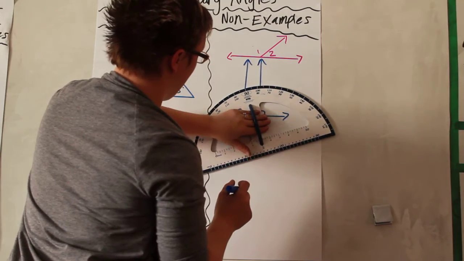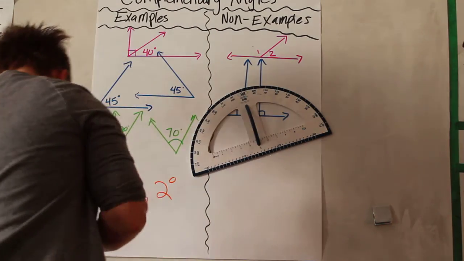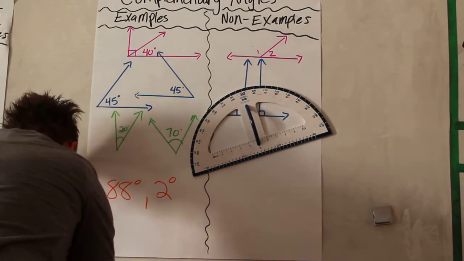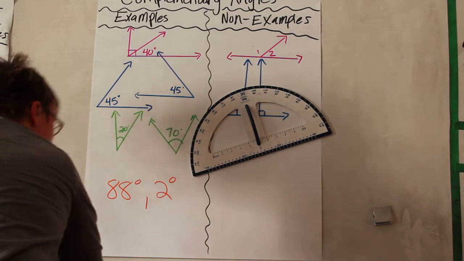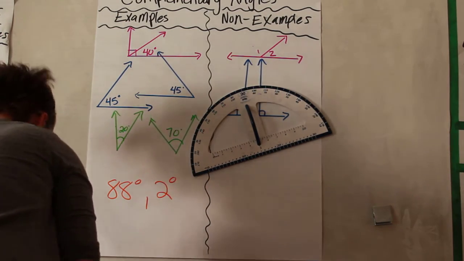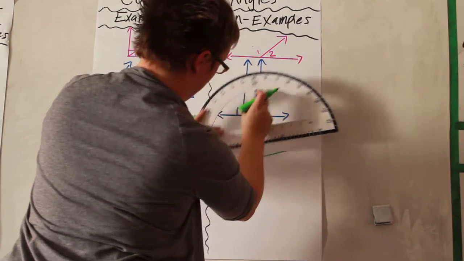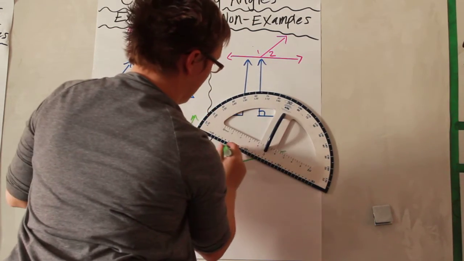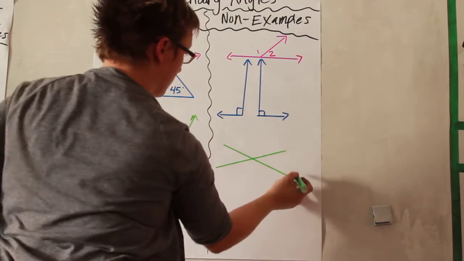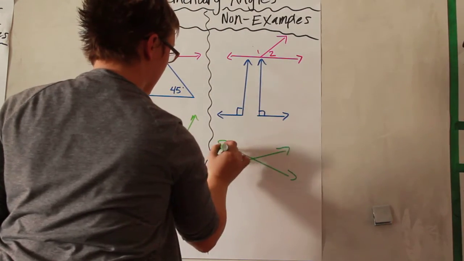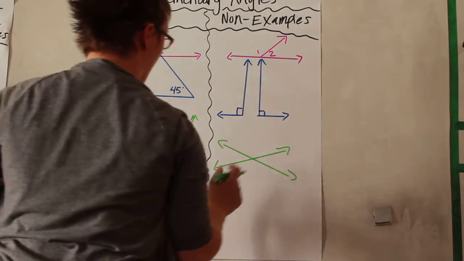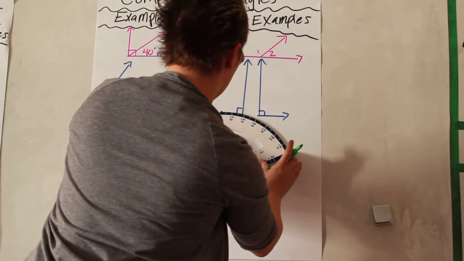Now also, if we had angles that were crossed, if we had two lines, I'm going to measure this really quick.